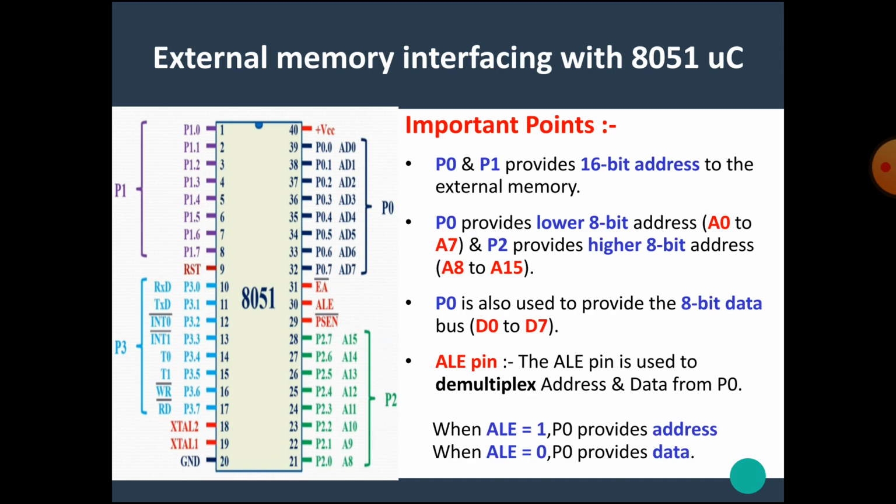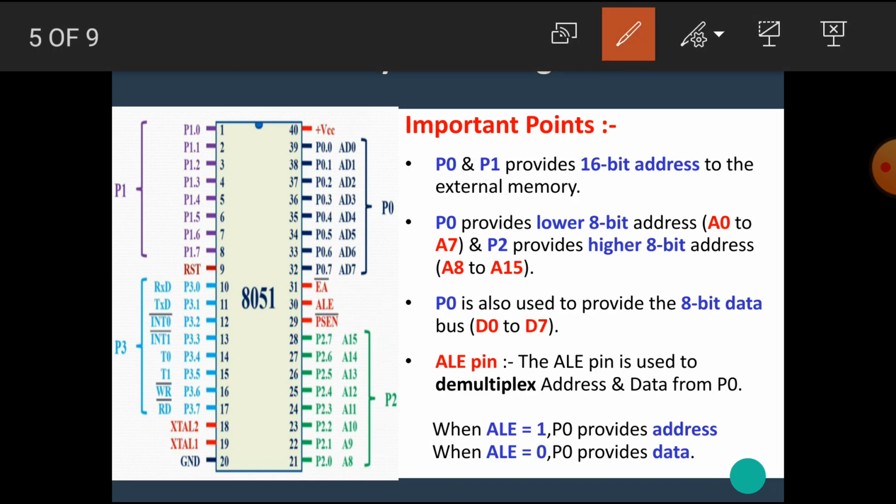Now our next point is that port P0 and port P2 provide the 16-bit address to the external memory. We know that the 8051 microcontroller has a 16-bit address bus.